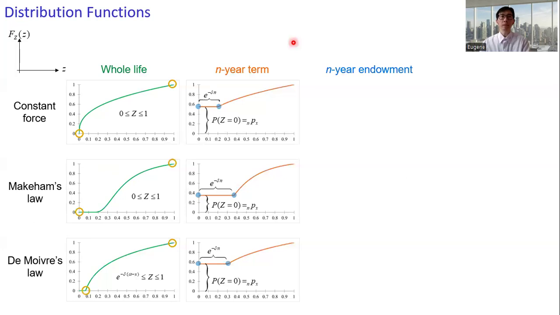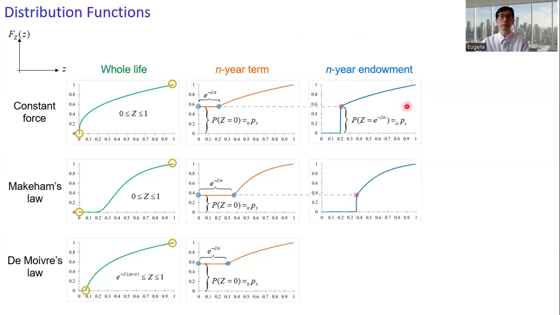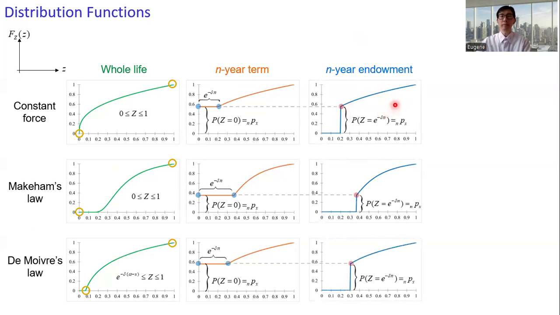For n-year endowment, similar shape as compared with the n-year term insurance for the right portion. And then the minimum value of z occurs at Tx equals n with probability npx.